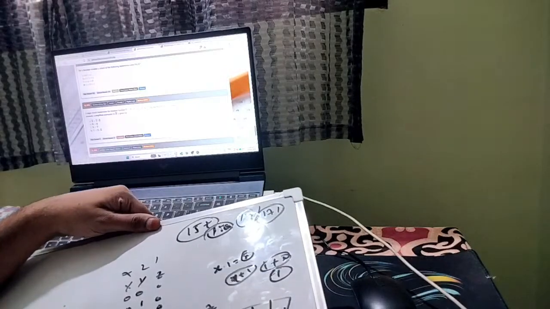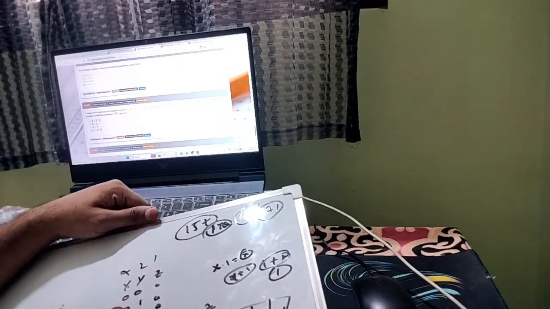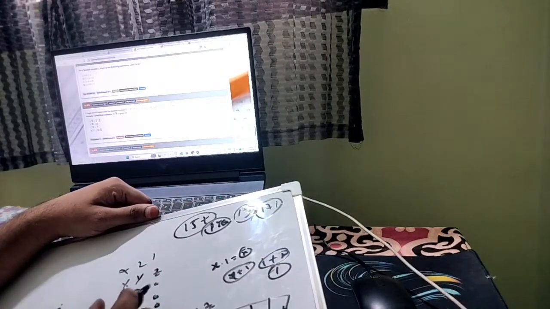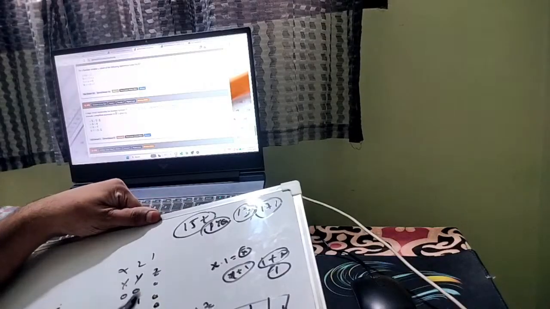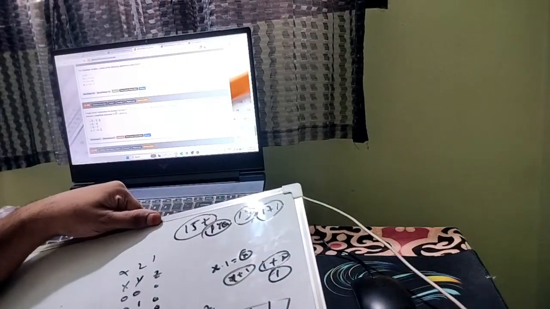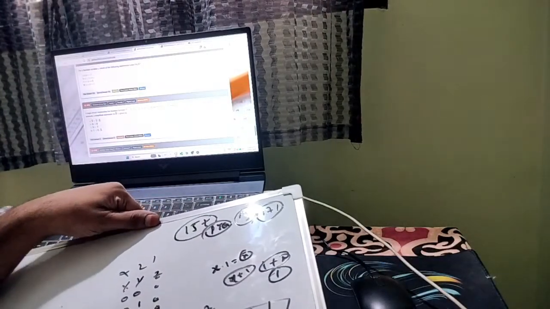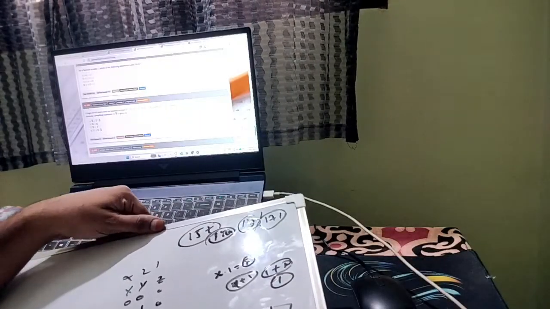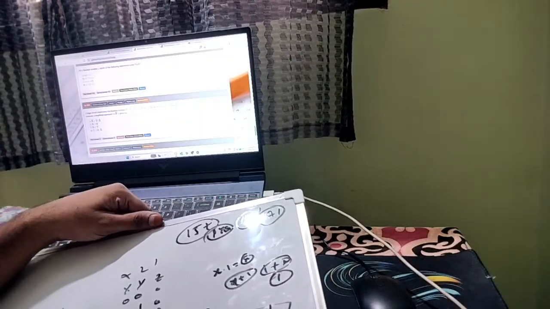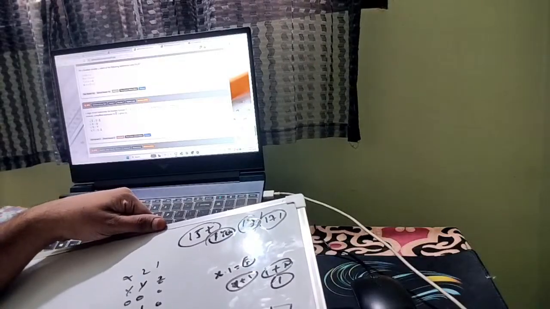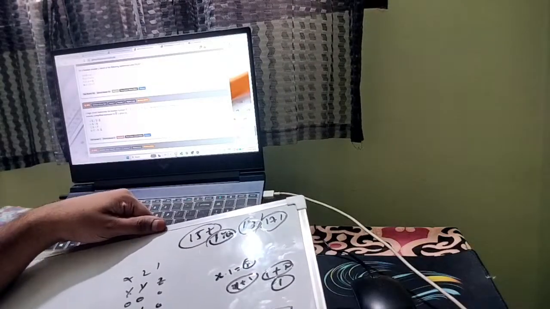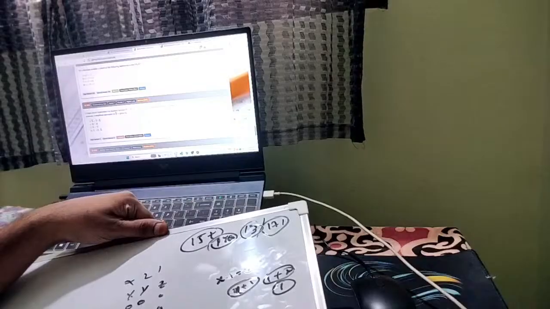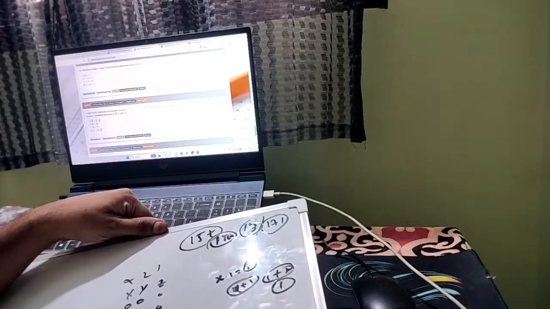X is 0, so the function should be 0. We have to do it through the K map, right? So 1, 0, 0, 0. Okay, zeros. I'm taking so much time. 0 1 0 1 0 1.